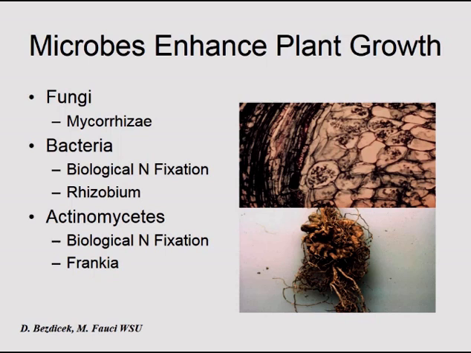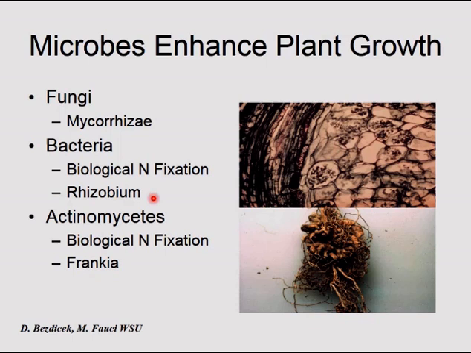A few bacteria that are important in soil biology are the bacteria responsible for nitrogen fixation. These are what we call rhizobium. What these rhizobium do is kind of similar to the mycorrhizae. They get into the plant, they actually infect the plant, and the root kind of grows around this rhizobium right here.